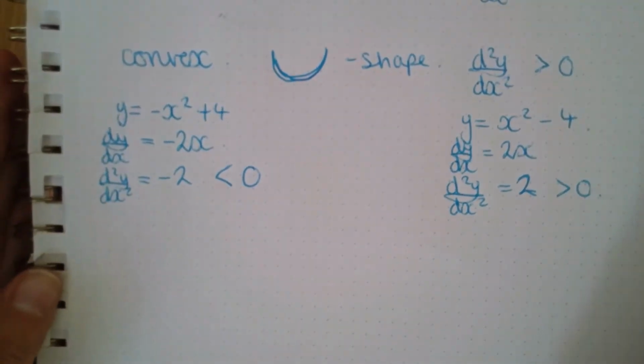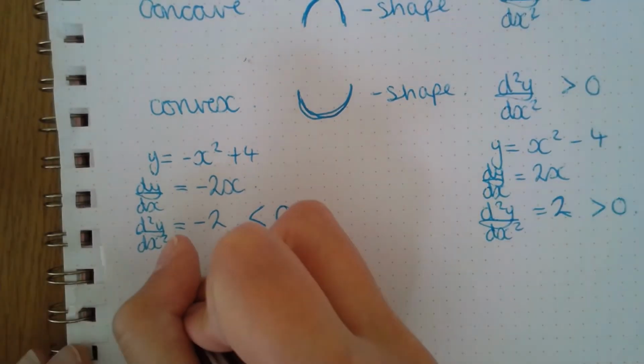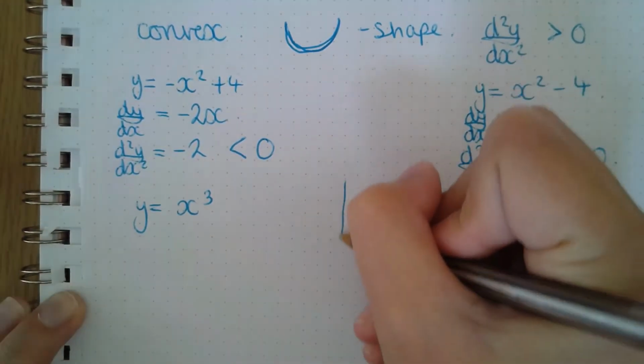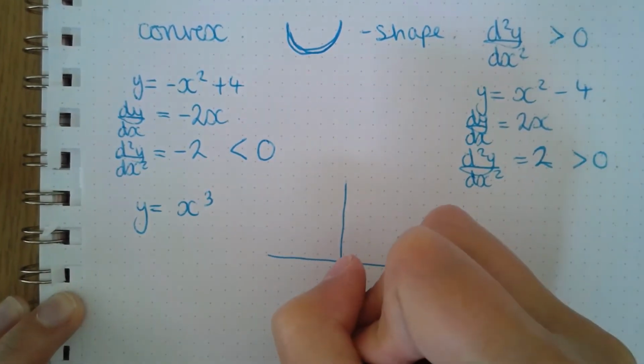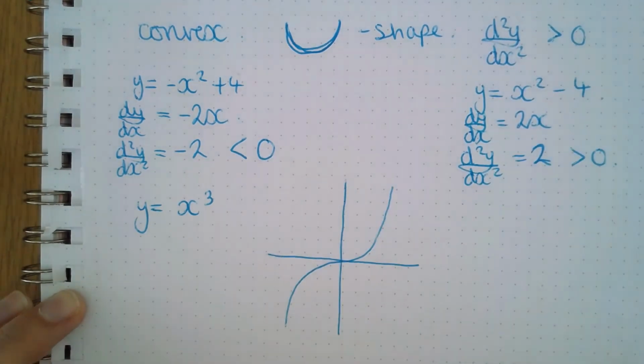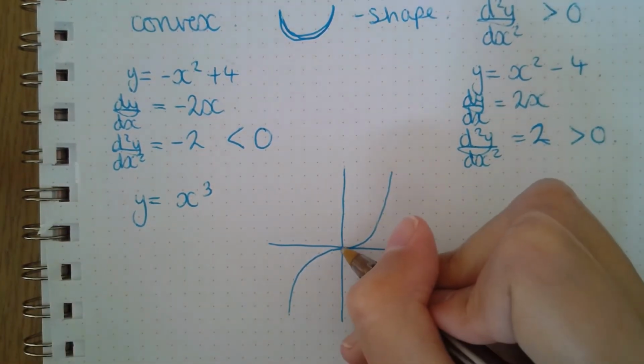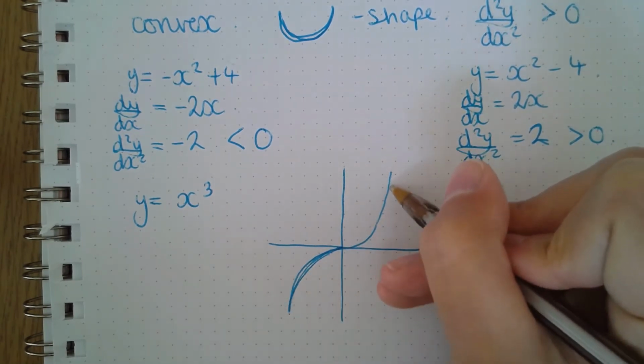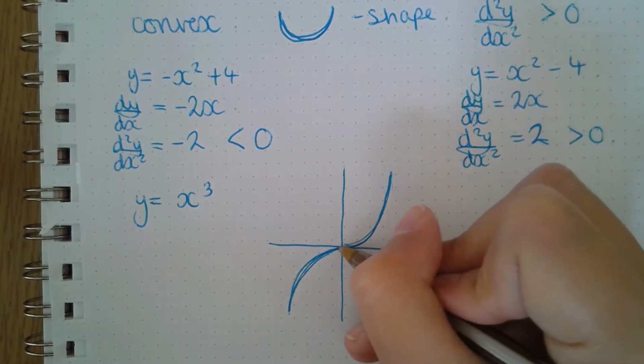Just to show you something different, if we had y equals x cubed, we know that it looks like this. For this section we can see it's more concave, and for this section it's more convex.